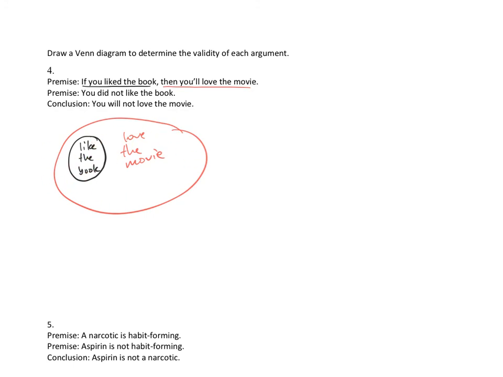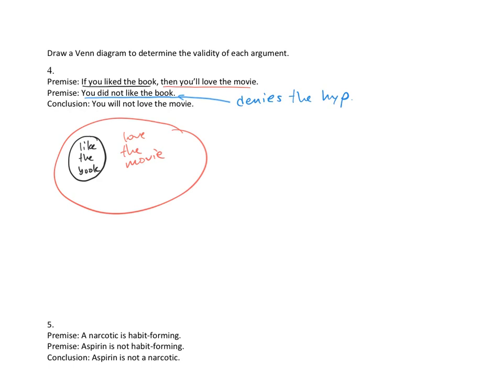All right. So when we take a look at the second premise, we talk about not liking the book. And this second premise refers back to the hypothesis of the conditional statement. But it's the negation, so we're going to say this denies the hypothesis, and I'm going to abbreviate HYP.